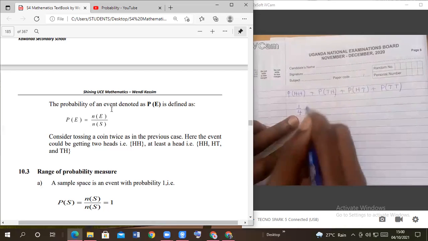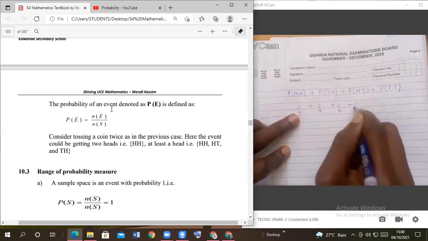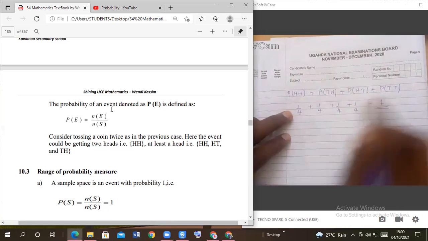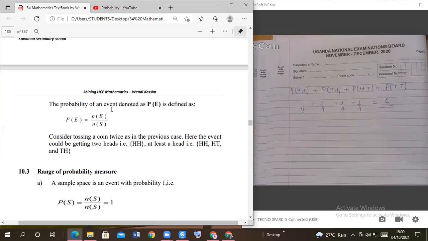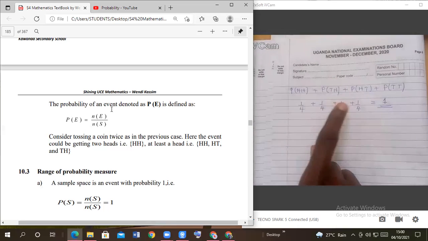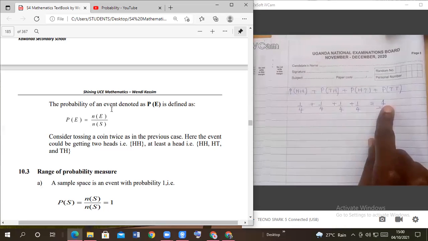A quarter plus a quarter gives a half. A half plus a quarter gives 3/4. 3/4 plus a quarter gives 1.